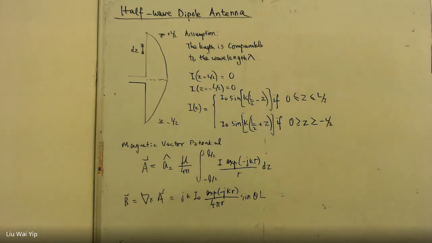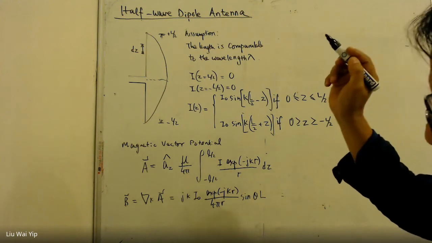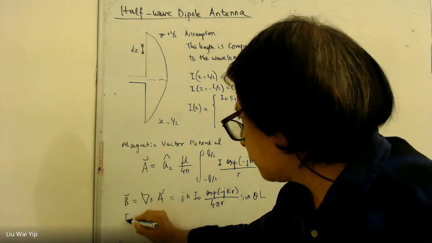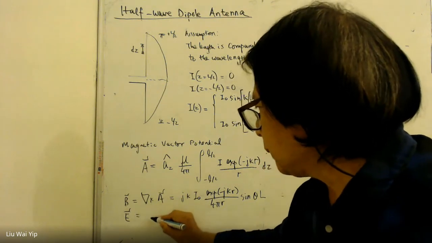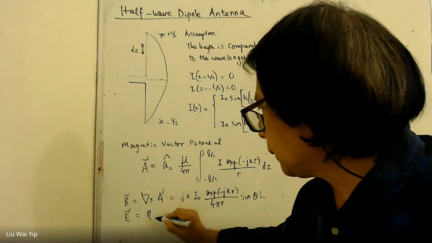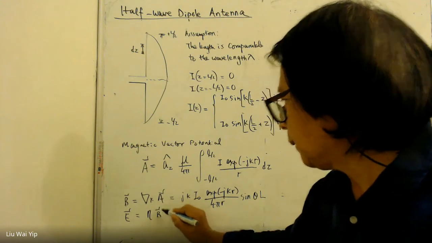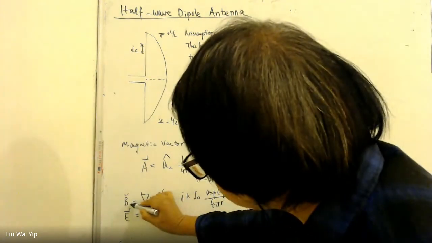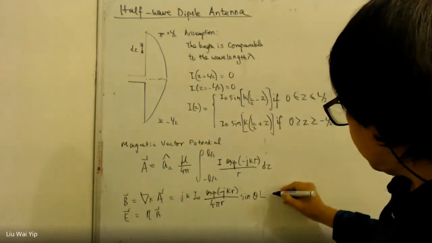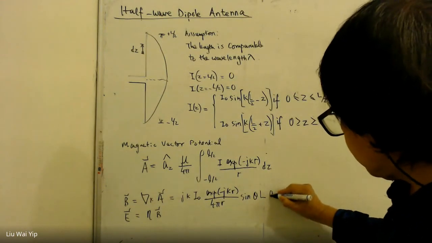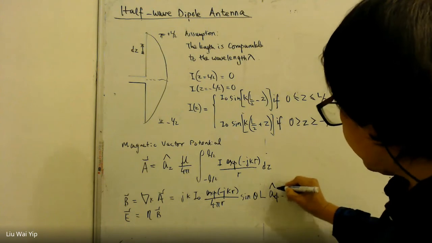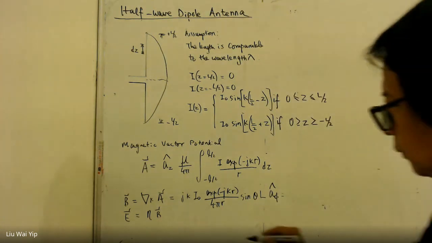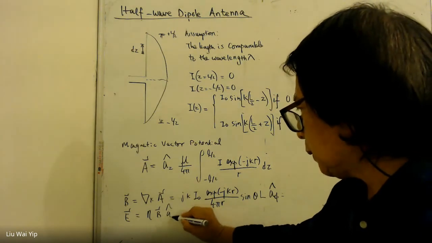Similarly, if we want to find the electric field, we just use this and change the direction. The B field here is in the direction of phi, and the electric field here will be in the direction of theta.